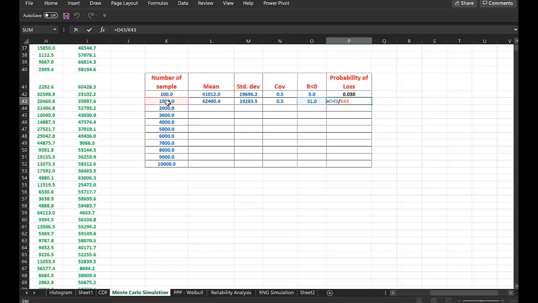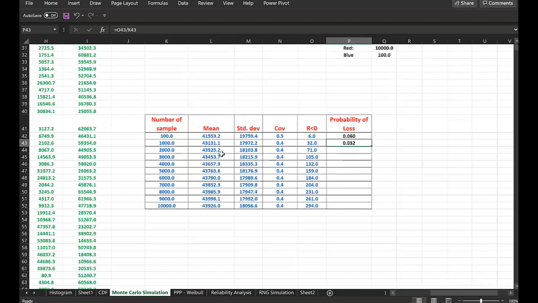In 1000 there are 31 negatives. You see it keeps changing because every time we are generating new random numbers. Similarly, we can fill this for all these cases, 2000, 3000, 4000 up to 10,000. So let me repeat this formula for each cell, and then we can plot a graph for number of sample size with probability of loss.